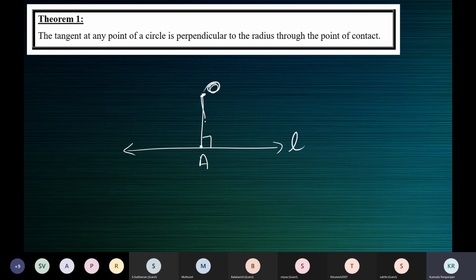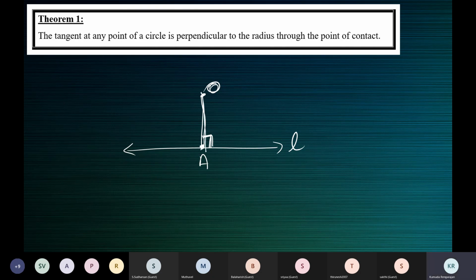I'm saying OA is perpendicular. What is OA? It is a distance. It's a path to reach O from the line L. And if I say that OA is perpendicular to L, that means OA is the shortest route.